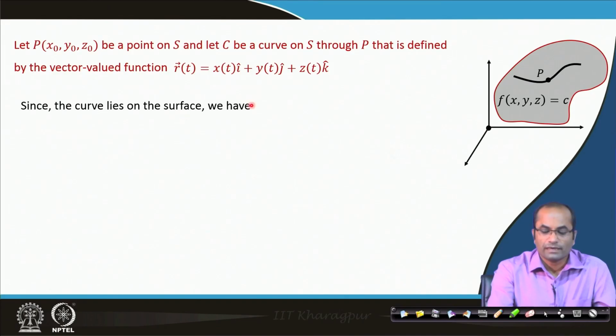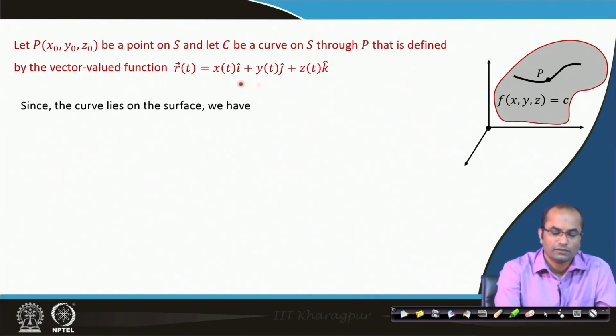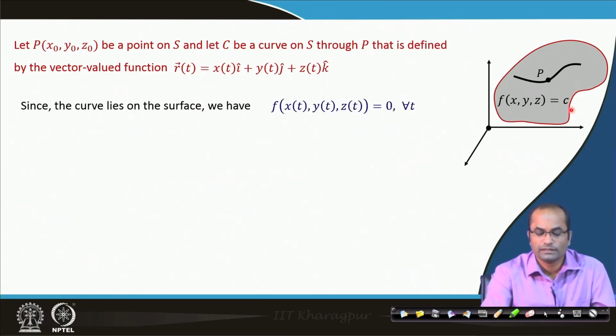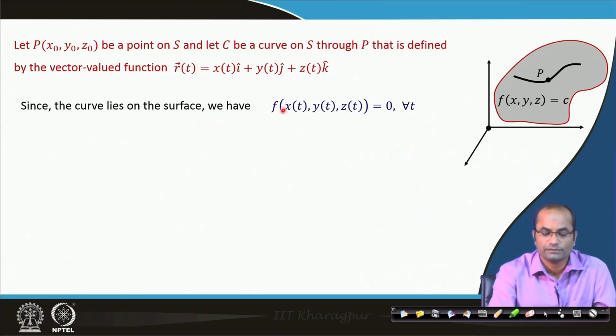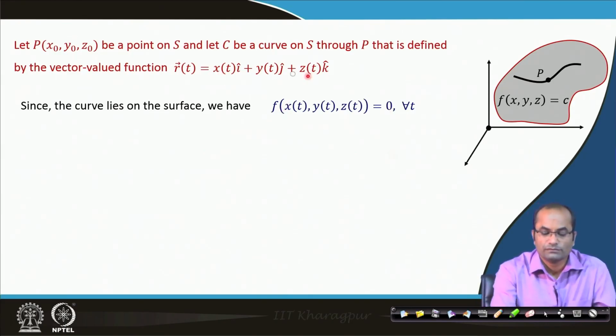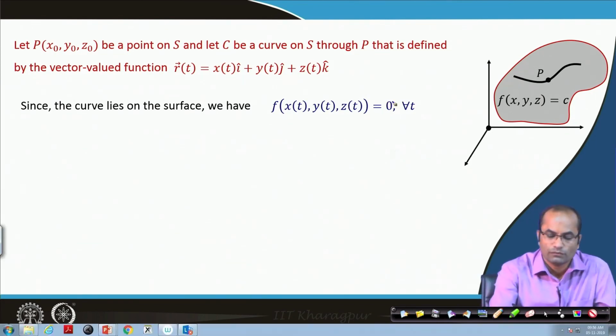Since the curve lies on the surface, the points x(t), y(t), z(t) for any t will satisfy the given equation. That means if we substitute x, y, z from this curve, it will satisfy the given equation for all t. In a more general setting, instead of 0, we can also work with c.